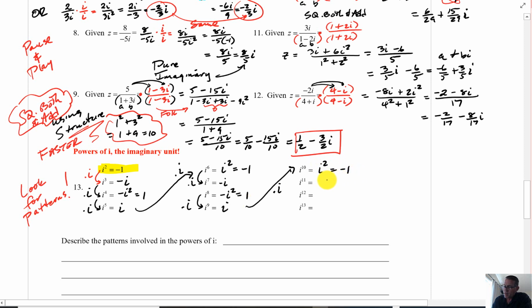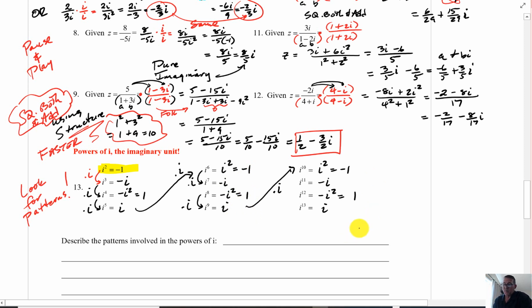And then times i, you get negative i. Then times i, negative i squared, or 1. And then 1 times i is i. Holy cow, the pattern repeats itself. Negative 1, then negative i, then 1, then i. Those are the only possible results.